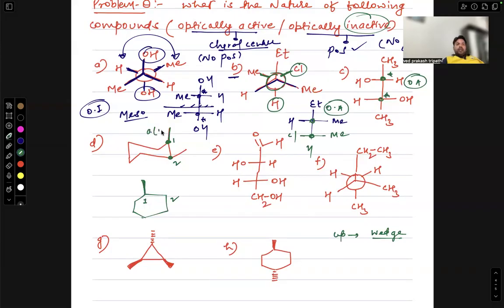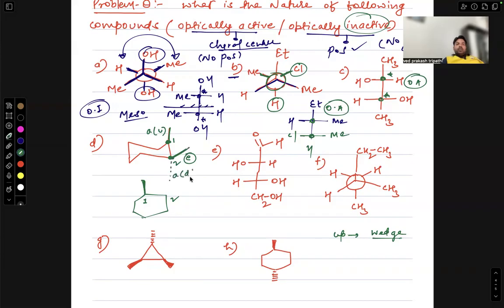If you look at 2, what is the nature of this bond? This is equatorial. Now let me know, is this equatorial up or equatorial down? Equatorial up. Yes, this is equatorial up because the axial down is this one.